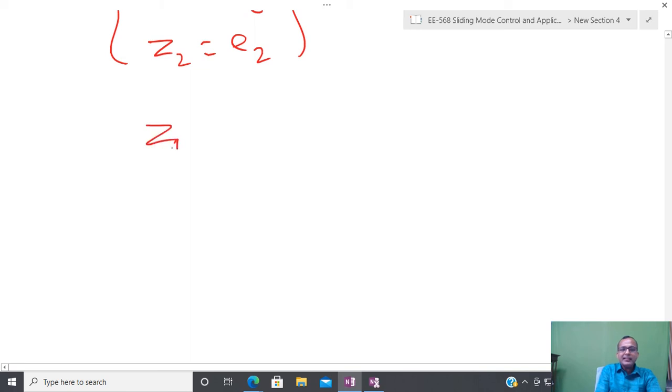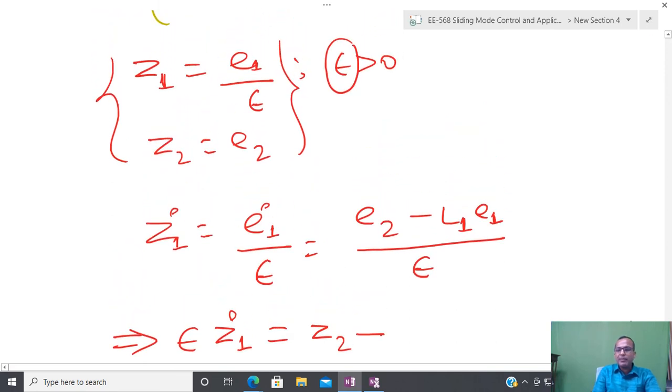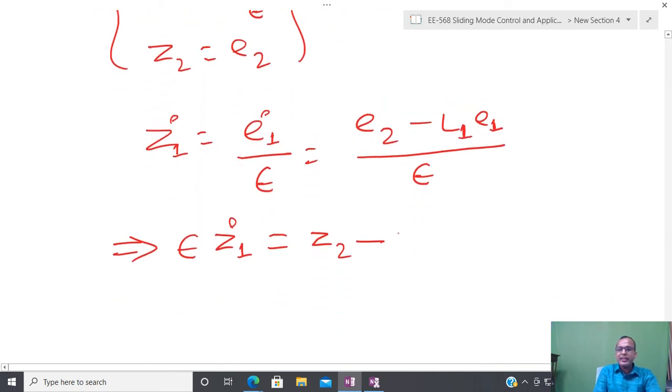You can see here that Z1 dot is nothing but E1 dot divided by epsilon, which I have assumed is a constant. E1 dot is E2 minus L1 into E1, so I can rearrange this as epsilon Z1 dot equal to Z2 minus, and in place of E1 I have to write everything in terms of Z1 because I am performing the transformation, so epsilon and L1 into Z1.